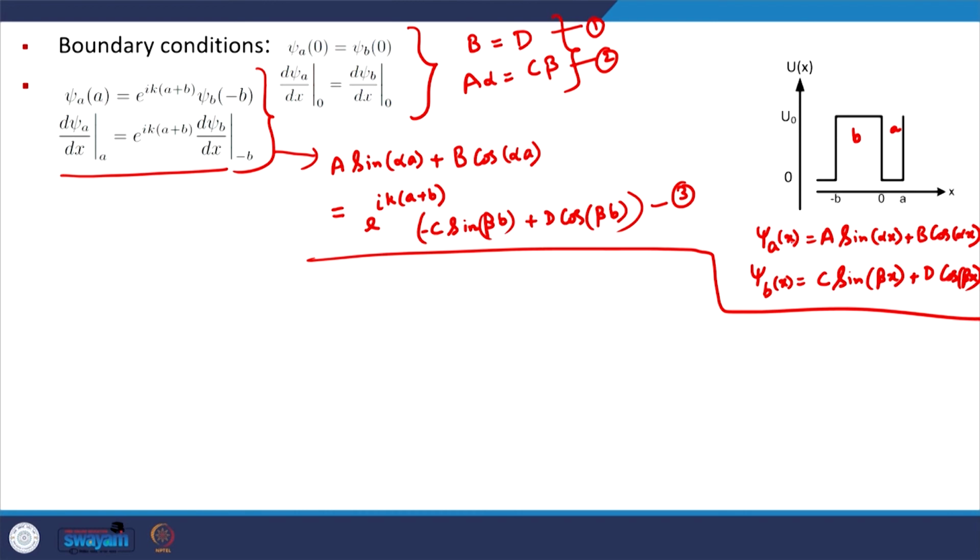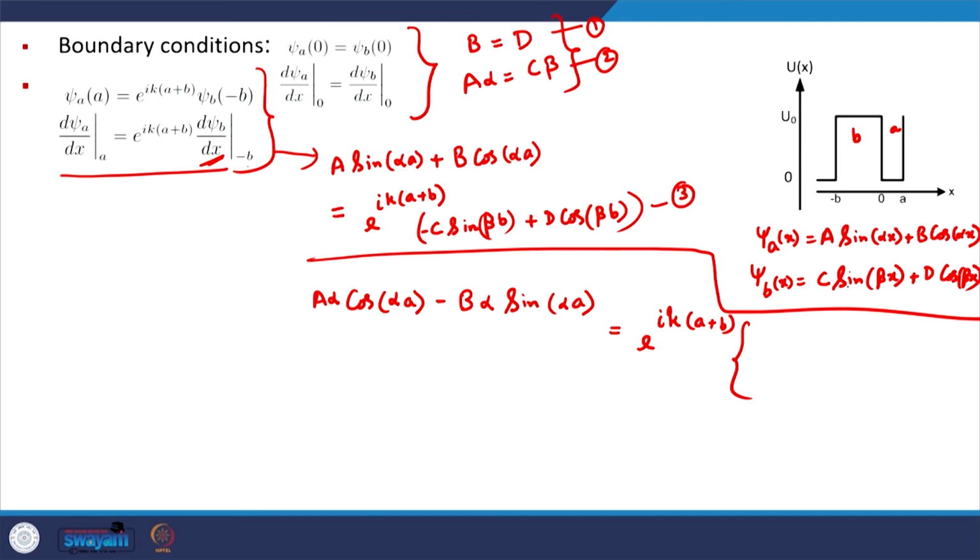If we take the derivative of psi a with respect to x, it will be a alpha cos alpha x minus b alpha sin alpha x, and its value at a would be a alpha cos alpha a minus b alpha sin alpha a, which should be equal to exponential i k (a plus b) times the derivative of psi b at x equal to minus b.